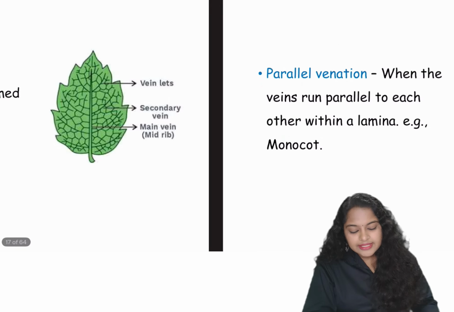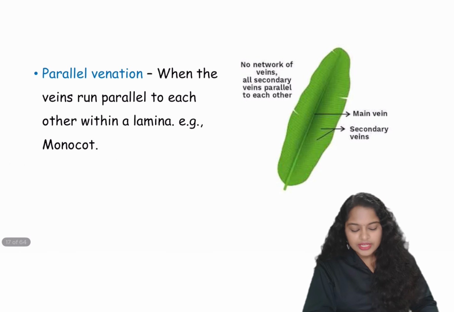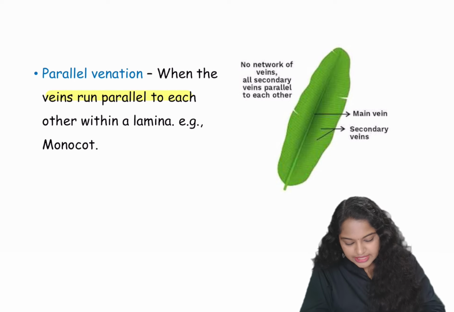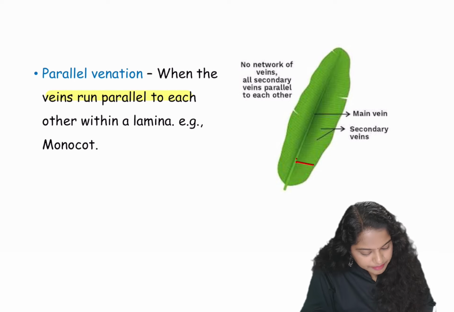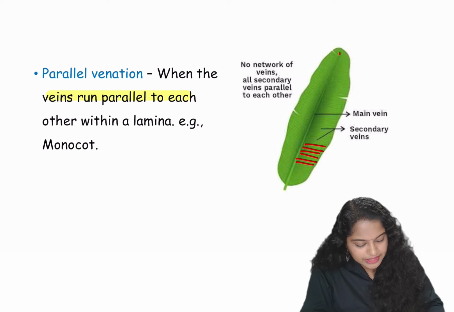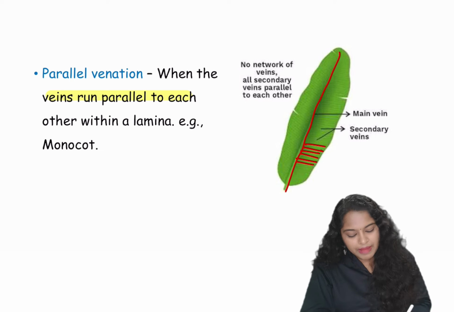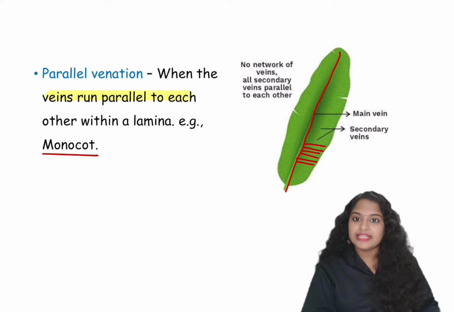Coming to the next type, parallel venation, the veins run parallel to each other, with a midrib present like this. The example for parallel venation is monocots, like grasses or the banana tree.